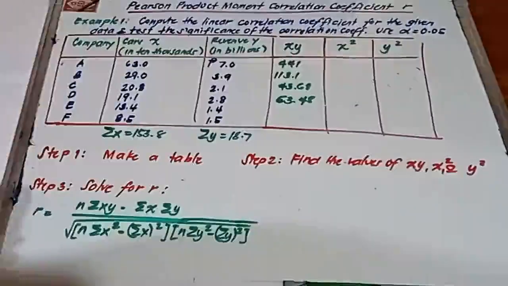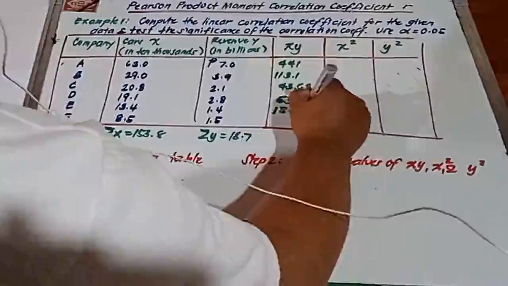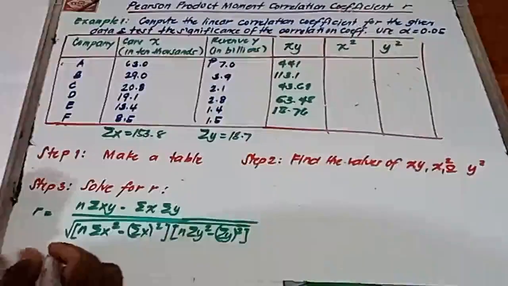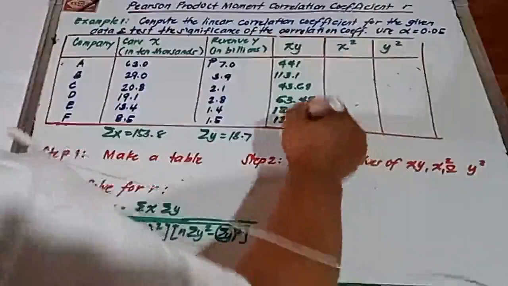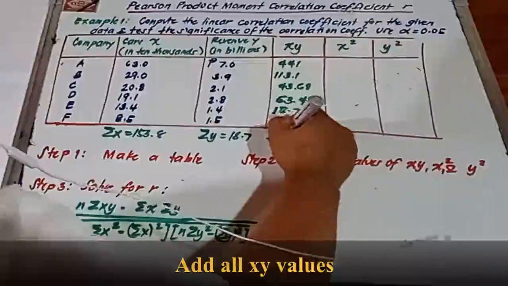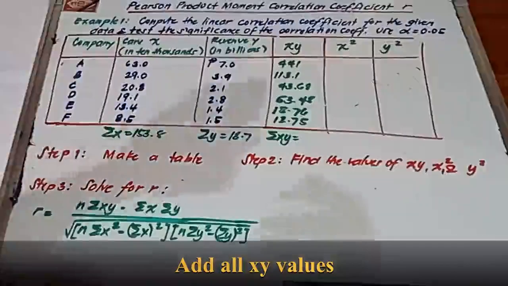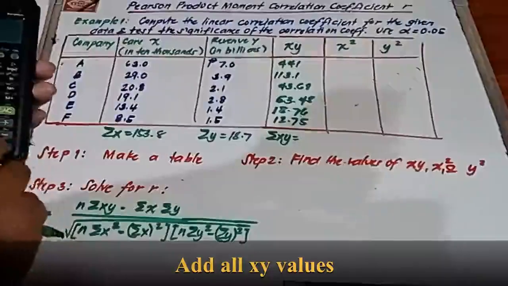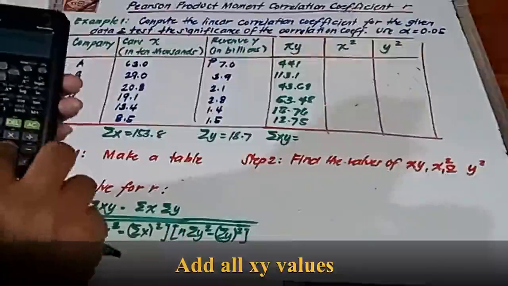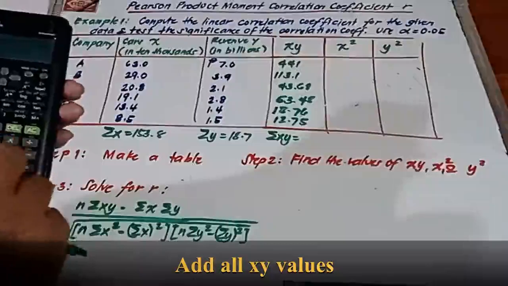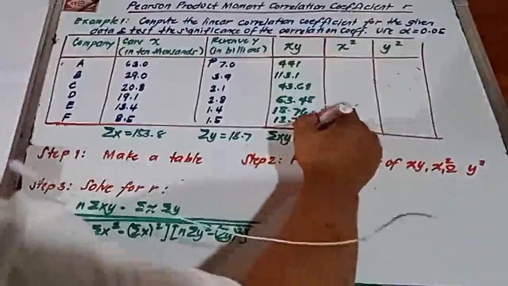And then 13.4 times 1.4, that's 18.76. And then 8.5 times 1.5, 12.75. Okay? Then, isum natin yung mga values na yon, that is summation of xy. We have 441 plus 113.1 plus 43.68 plus 53.48 plus 18.76 plus 12.75 equal to 682.77.